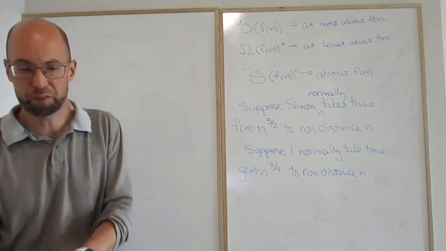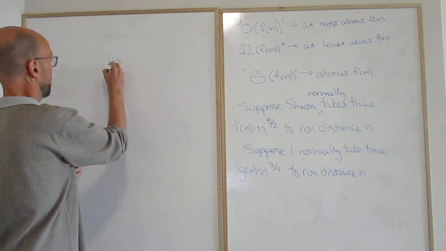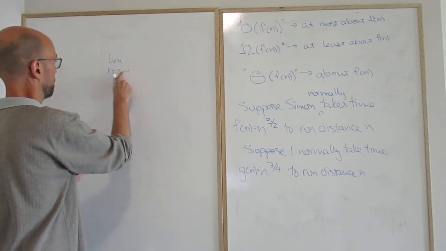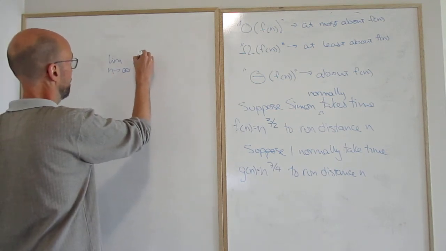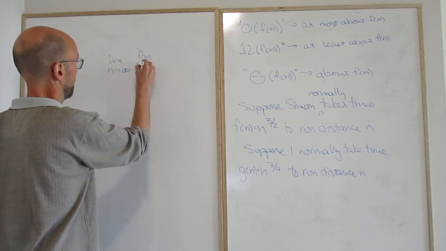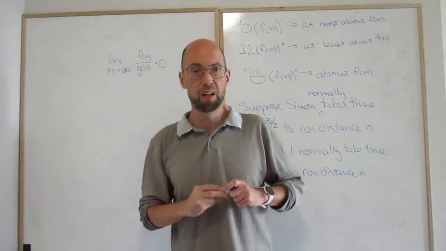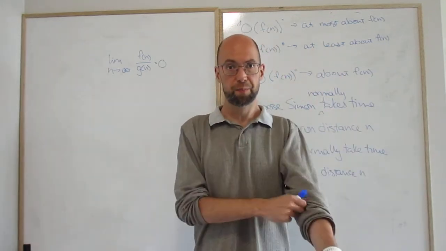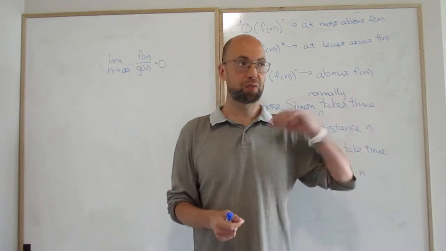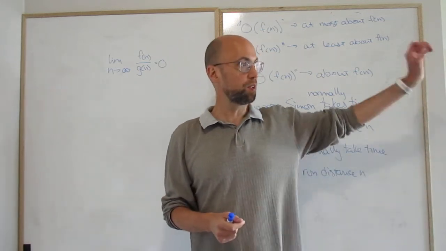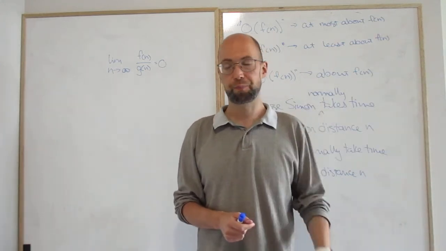When we're saying about for sufficiently large n, we can say the limit as n goes to infinity of f of n over g of n is 0. For sufficiently large n, the time it takes Simon to run a certain distance is going to be a negligible fraction of the time it's going to take me to run the same distance.